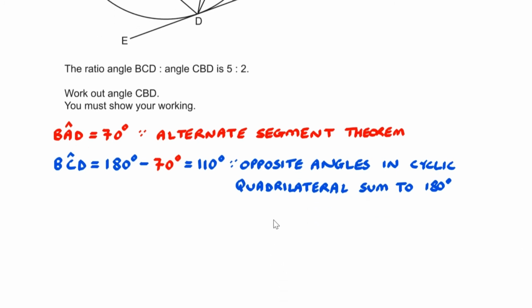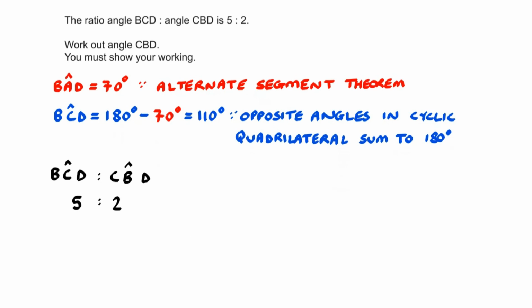So now what we can do is find out the angle CBD. So if we have BCD to CBD equaling 5 to 2, we know for BCD we have 110. So what do I multiply 5 by to get 110?